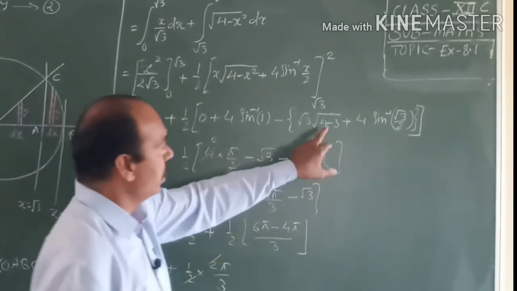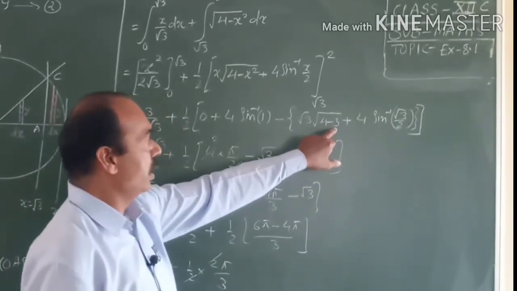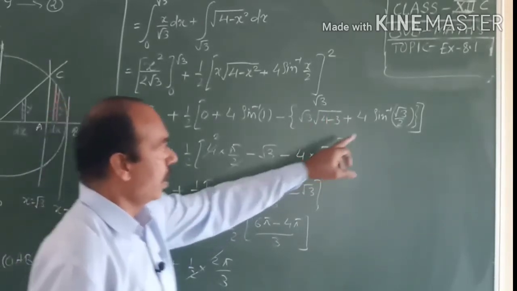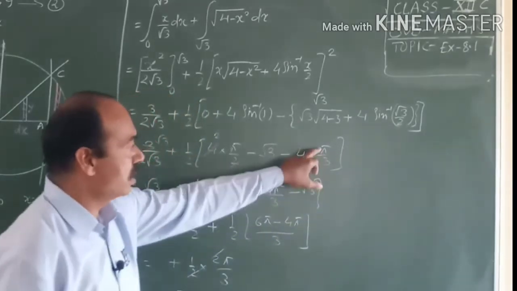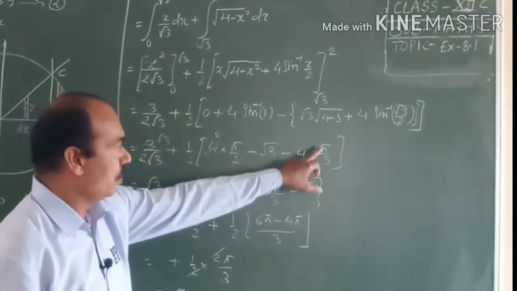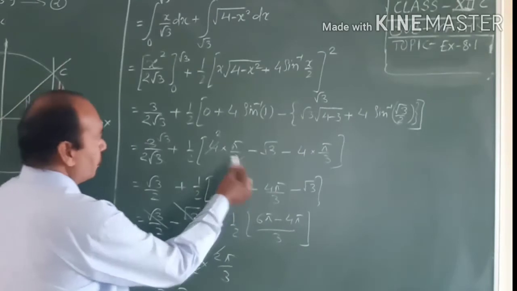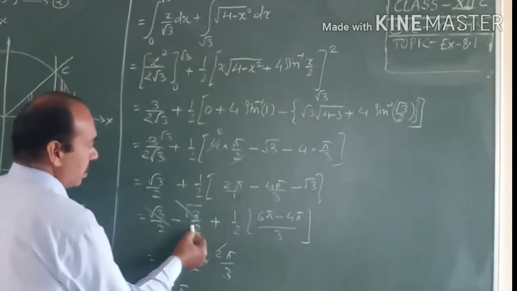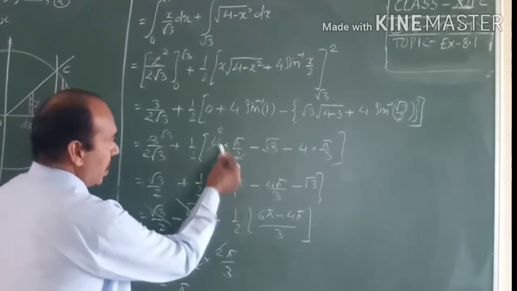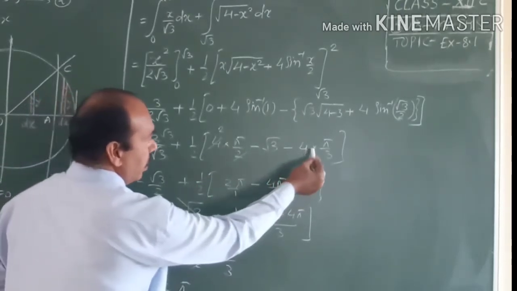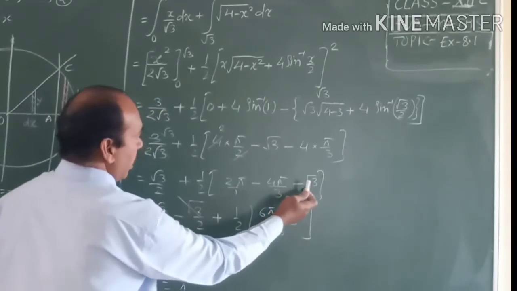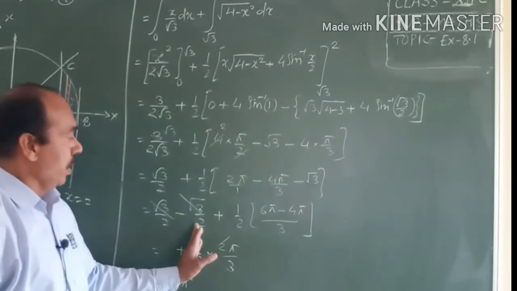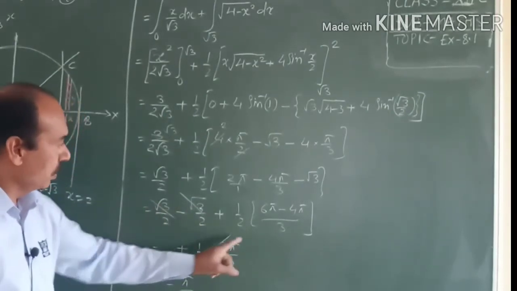After that 4 minus 3 means only 1, so only root 3 here. After that sin inverse of root 3 by 2 is 60 degrees, which means pi by 3, so 4 into pi by 3. If you open the bracket, then minus root 3 by 2 first, after that 1 by 2 of 2 pi and 4 pi by 3, and minus root 3, which is right outside here. So root 3 by 2 will cancel out.